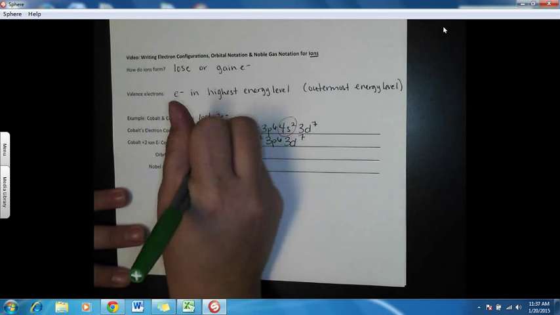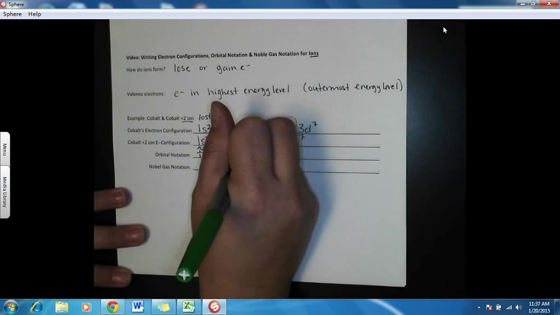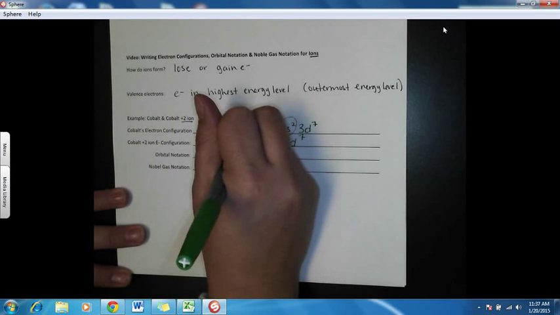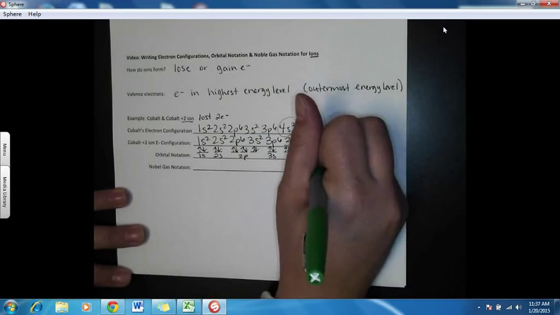So we'll have our 1s with 2 electrons, our 2s with 2 electrons, our 2p has 3 orbitals and 6 electrons, then our 3s, and then our 3p, and then our 3d, because our 4s is still there, but it's empty. And that's going to have 7.